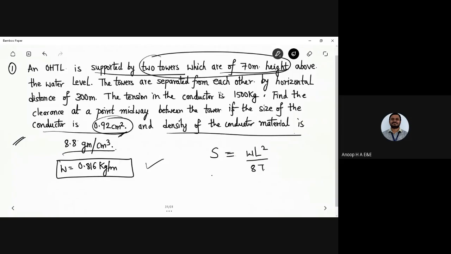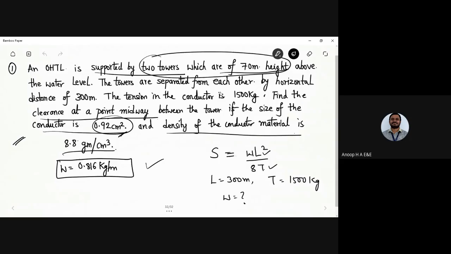We know L, which is 300 meters, and the tension is 1500 kg. So the only thing left is W. We want to find the sag first, and after the sag, the clearance at a point midway between the towers.